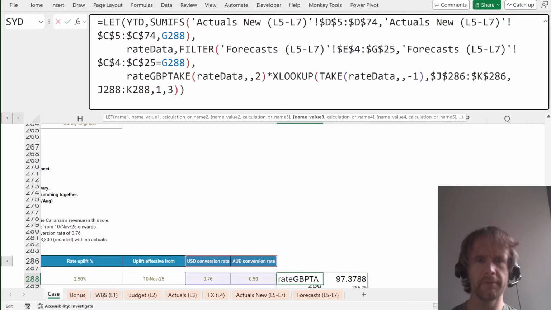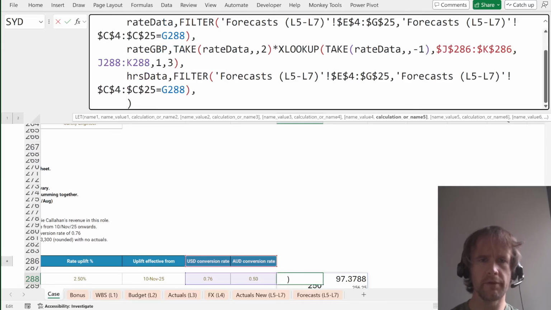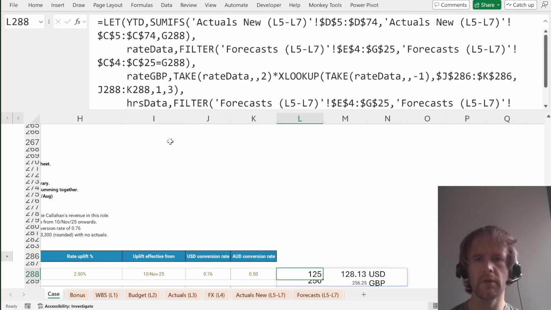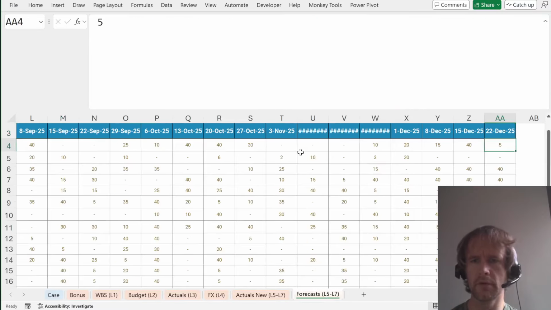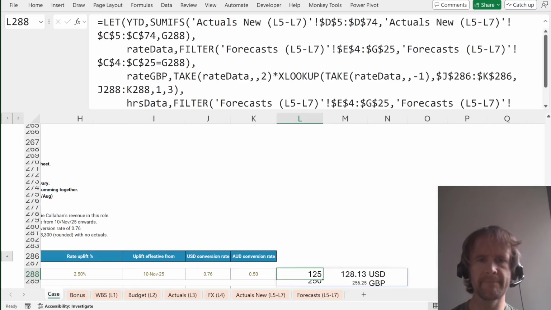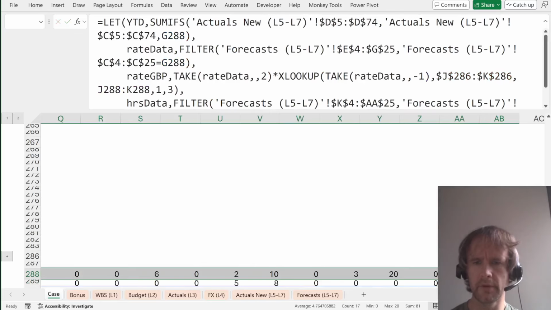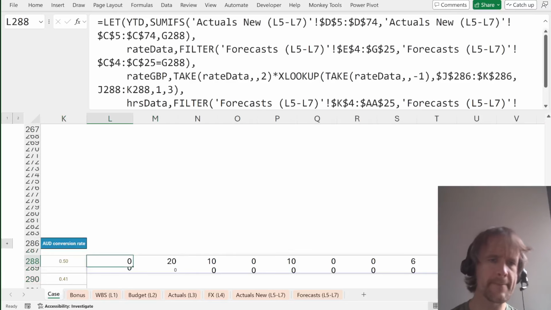So rate GBP. Okay, then hours data will be all this, and return hours data. But now the columns that I want to filter are from K to AA. Okay.